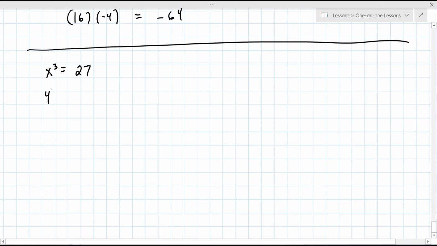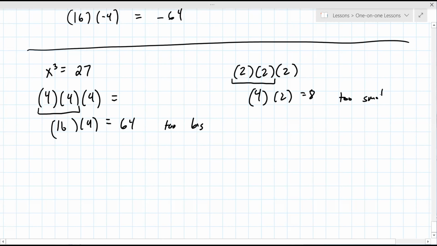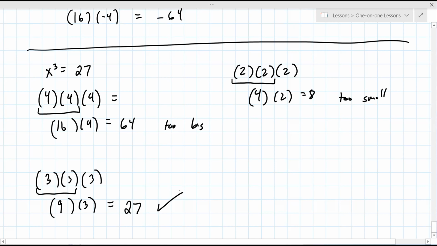So 4 times 4 times 4, again, that's 4 times 4 is 16, times another 4 is 64. That's too big. Okay. So 2 times 2 times 2, 2 times 2 is 4, times another 2 is 8. That's too small. So what about 3 times 3 times 3? Well, 3 times 3 is 9. 9 times 3 is 27.